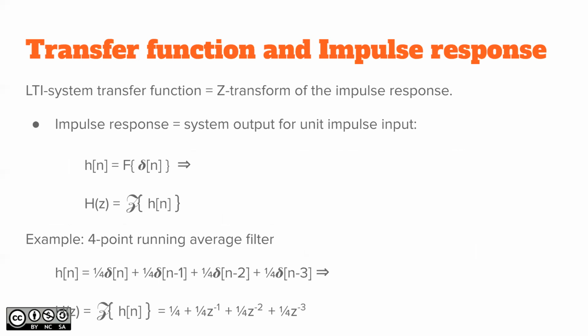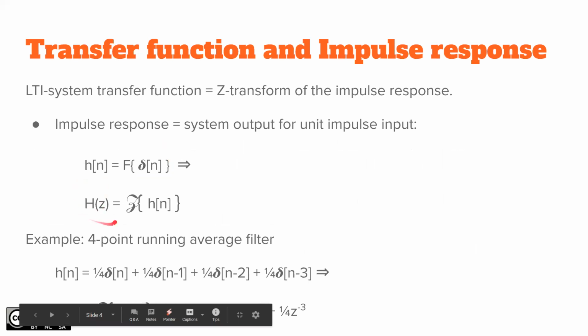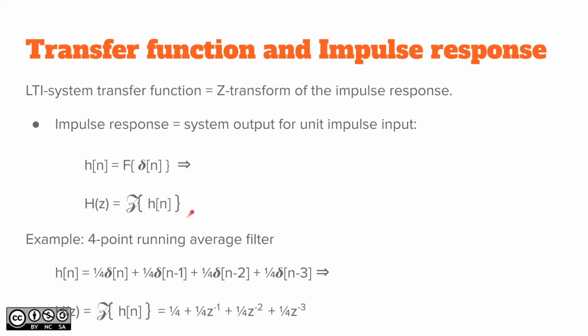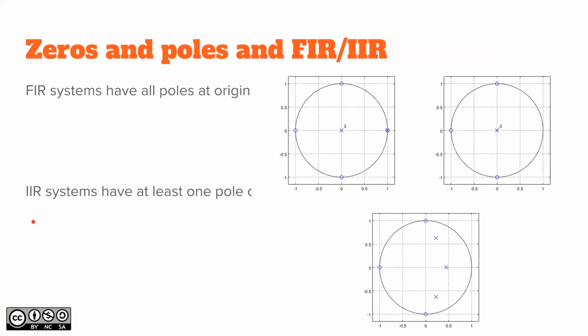Transfer function and impulse response, they are practically the same thing. The transfer function is simply the Z transform of the impulse response. Zeros and poles. FIR systems have all poles at the origin, or actually it can have a zero and pole at the same location anywhere.